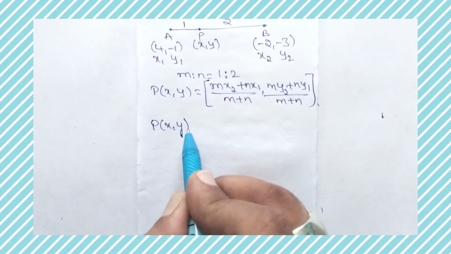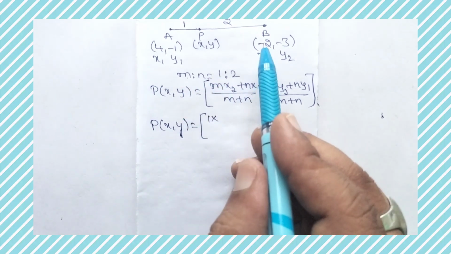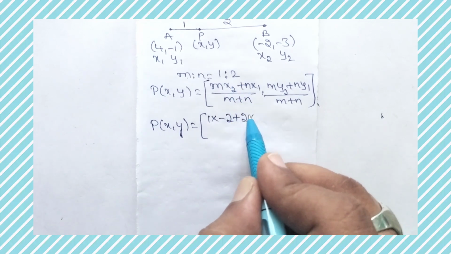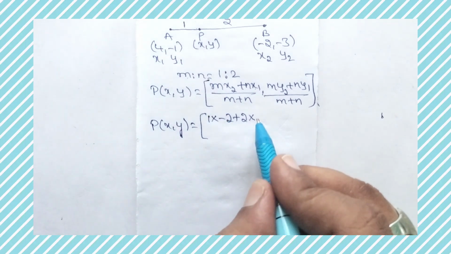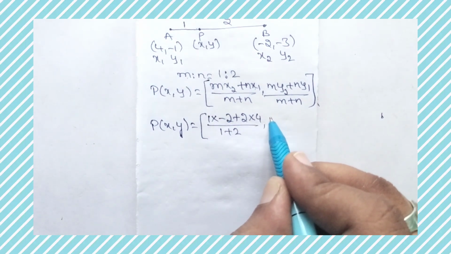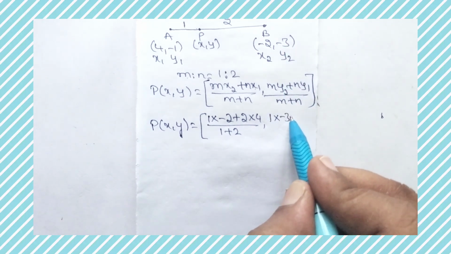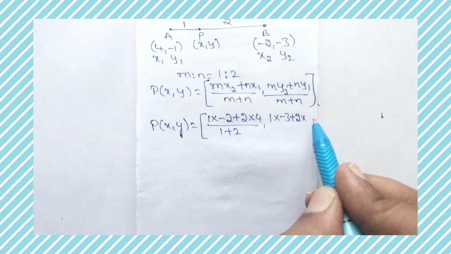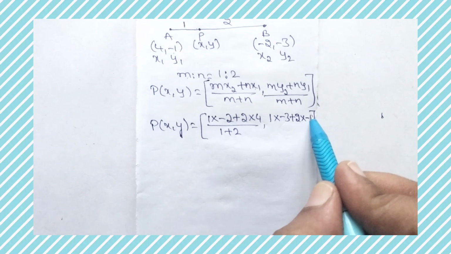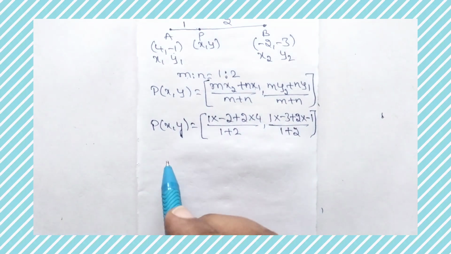Px comma y is equal to m, m means 1, into x2 which is minus 2, plus n which is 2, into x1, x1 is 4, divided by 1 plus 2, comma m which is 1 into y2, y2 is minus 3, plus n which is 2 into y1, y1 is minus 1, divided by m plus n, that is 1 plus 2.